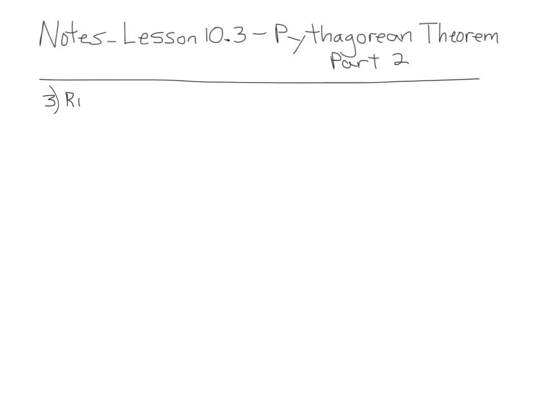Let's say you're told you have a right triangle. And you know one leg is 3 inches longer than the other leg.